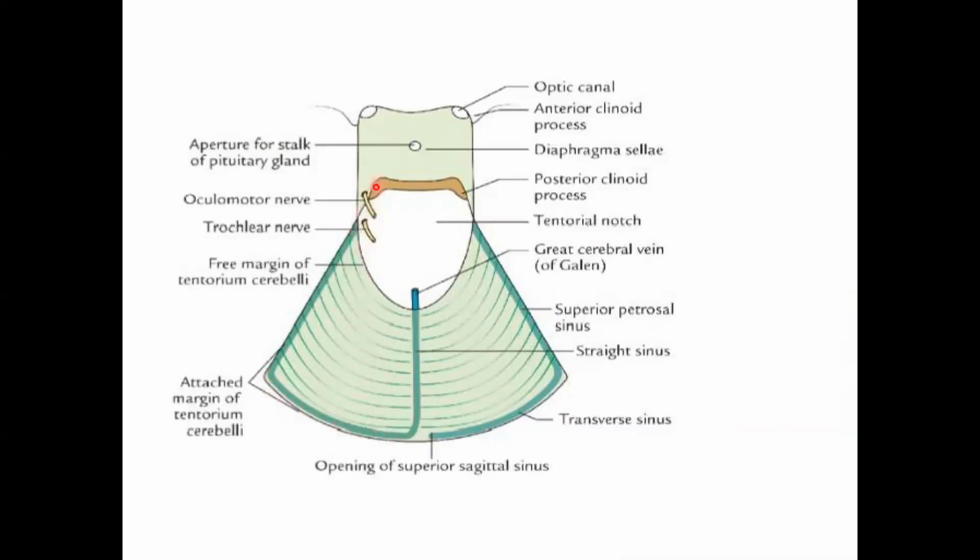At the crossing of the two margins, the third and fourth nerves are present, and this tentorium cerebelli encloses the sinuses. Along the petrous temporal bone, it encloses the superior petrosal sinus, and posteriorly along the occipital bone, it encloses the transverse sinus, and on the superior surface the straight sinus is present. So that is about the tentorium cerebelli.